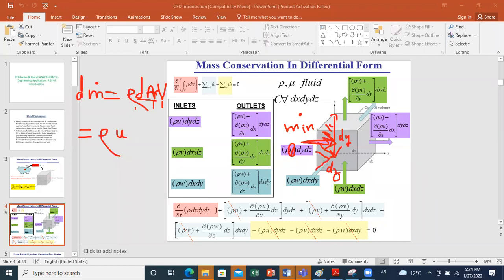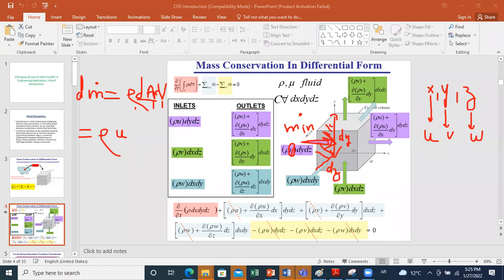If I'm working in frame x, y, z, I consider that the velocity field has a component along x named u, a component along y named v, and along z it is w.